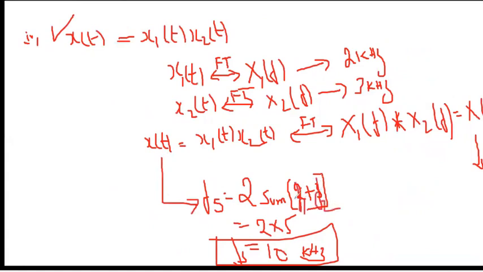Let us take F1 and F2. 2 kilohertz is F1 and F2 is 3 kilohertz. 2 into 5 is 10 kilohertz, my dear students. That is the fifth one. The product of the two signals x1 of t and x2 of t is given.